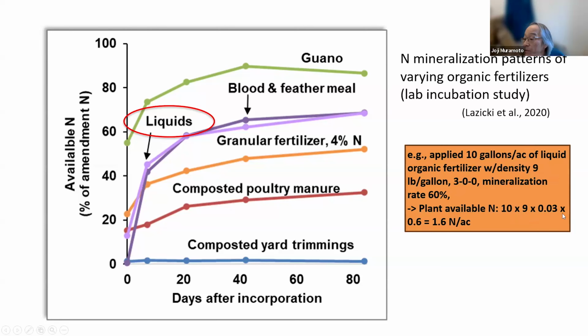Then 3% of that is nitrogen, and 60% of that is in plant available form. So you applied about 1.6 pounds of plant available nitrogen per acre through this application. That's how you calculate it.